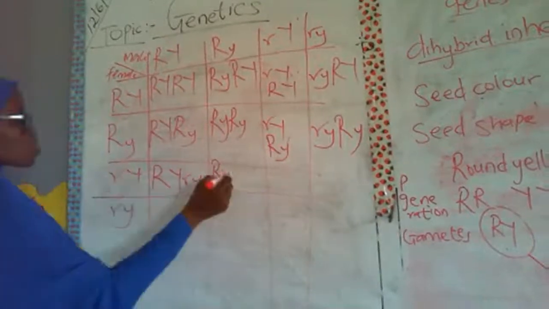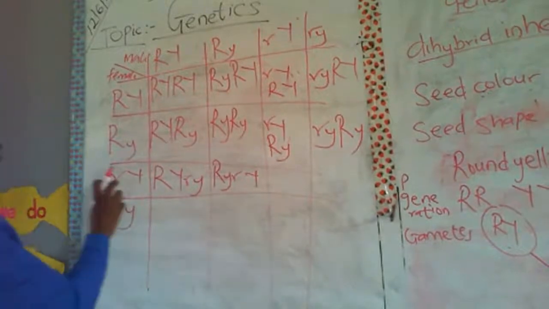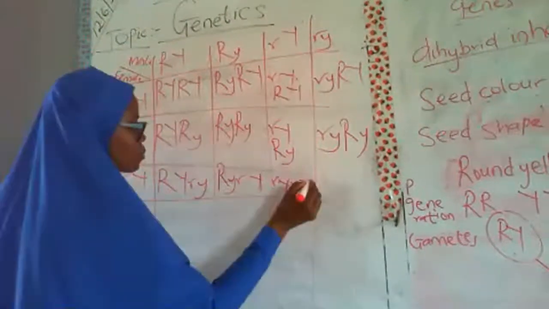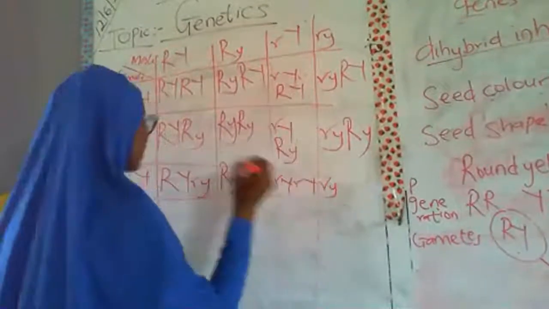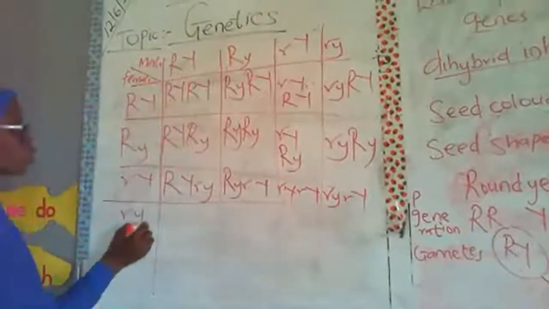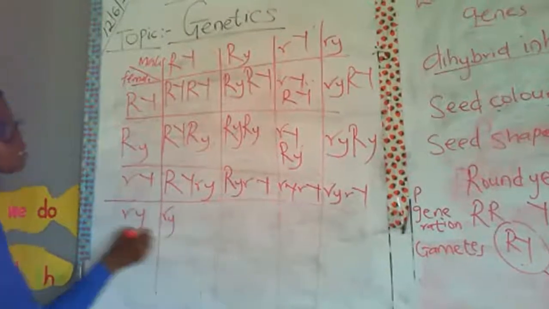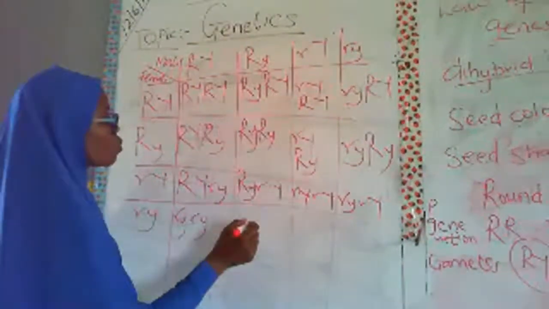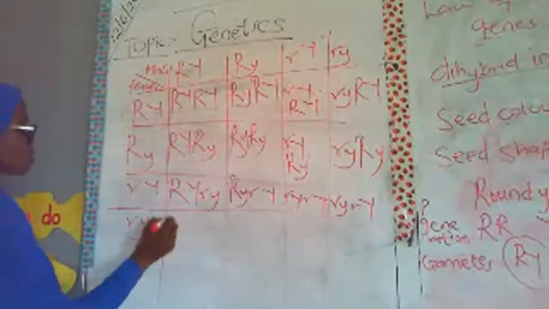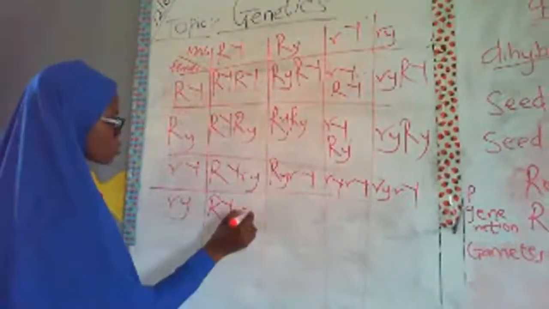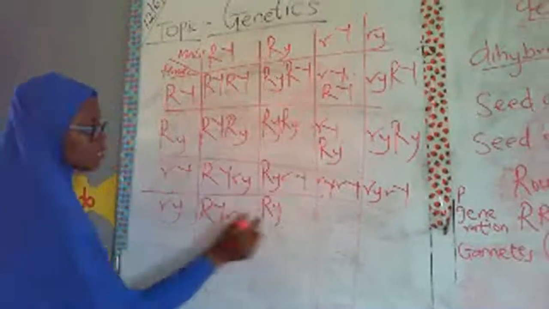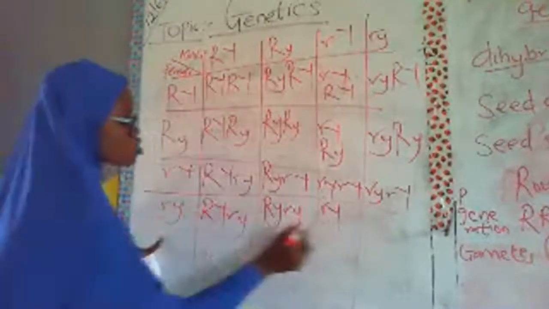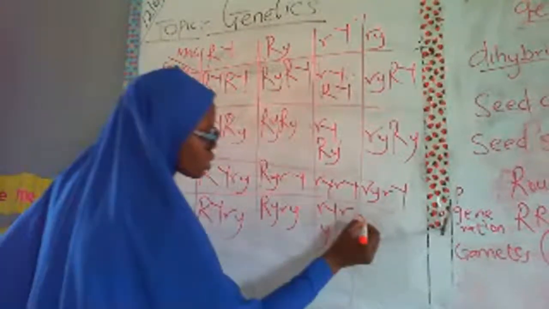This one, capital letter R, small letter Y, then small letter R, capital letter Y, then this as well, small letter R, capital letter Y, so capital letter R, small letter Y, then capital letter R, capital letter Y, then this one is small letter R, small letter Y, then small letter R, small letter Y. Also, this, capital letter R, capital letter Y, then small letter R, small letter Y, then capital letter R, small letter Y, then small letter R, small letter Y. Then small letter R, capital letter Y, then small letter R, small letter Y, then small letter R, small letter Y, small letter R, small letter Y.